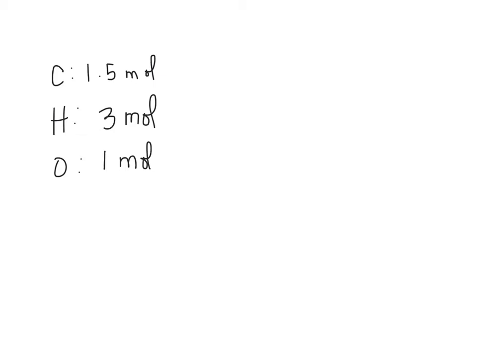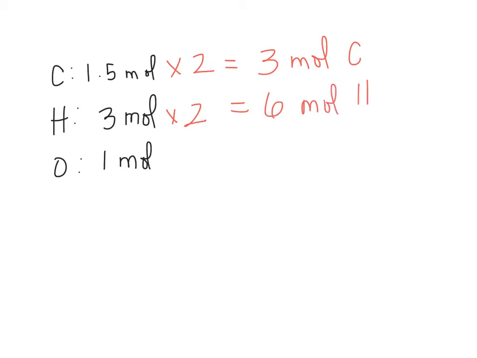So if I multiply everything, because I can't just do it to one thing, by the number 2, I end up with 3 moles of carbon. I multiply hydrogen by 2, I end up with 6 moles of hydrogen.